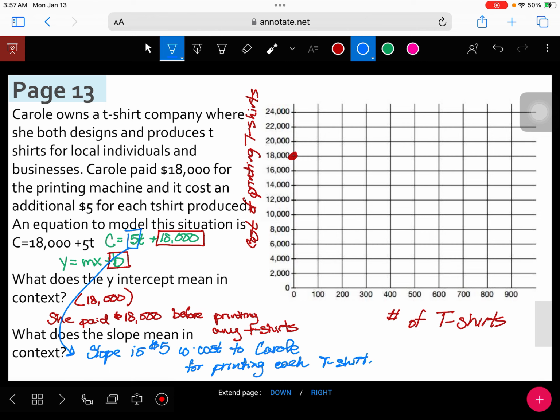So the slope is the m part, mx plus b, and that's the change in y, the change in cost for the t-shirts divided by the number of t-shirts. So that is basically her unit cost per t-shirt, you can write that with a slash, dollars per t-shirt.